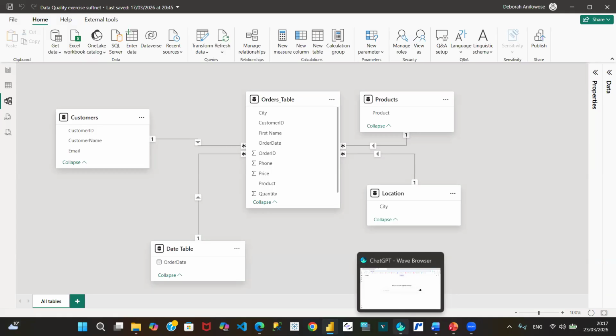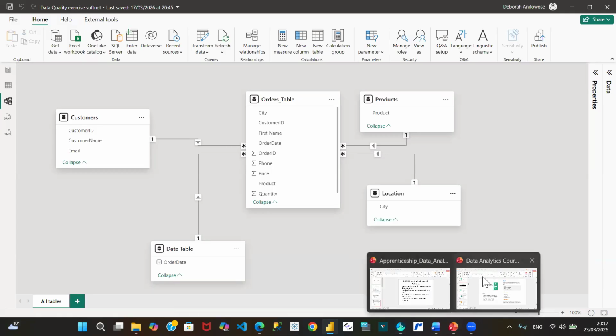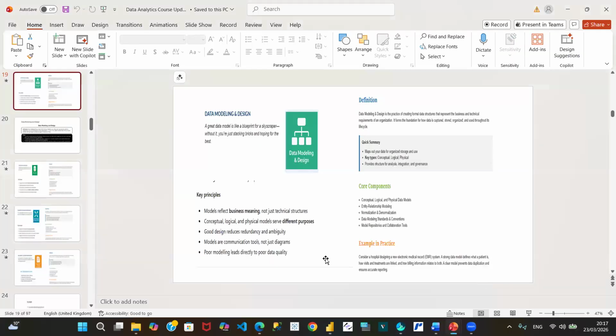So they are trying to store their data at a single point. At that moment, they are doing their data modeling. They are trying to structure their data into a single point.